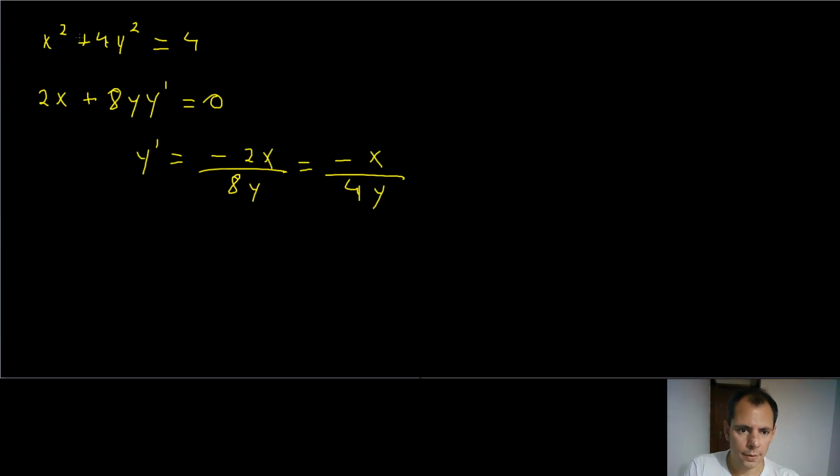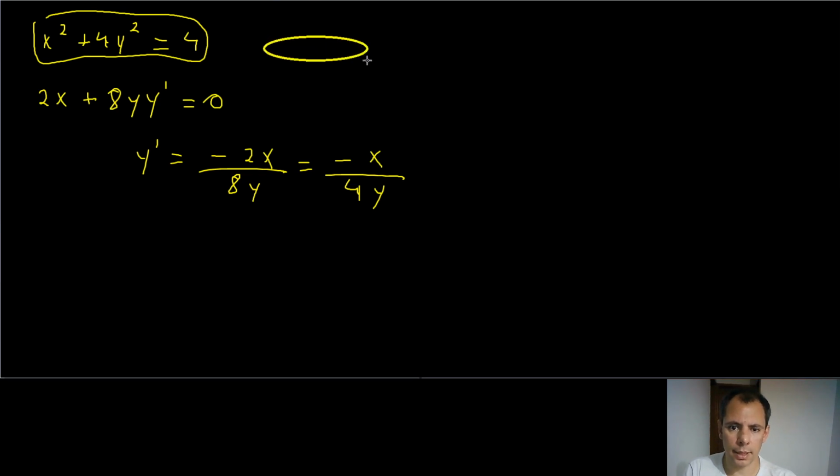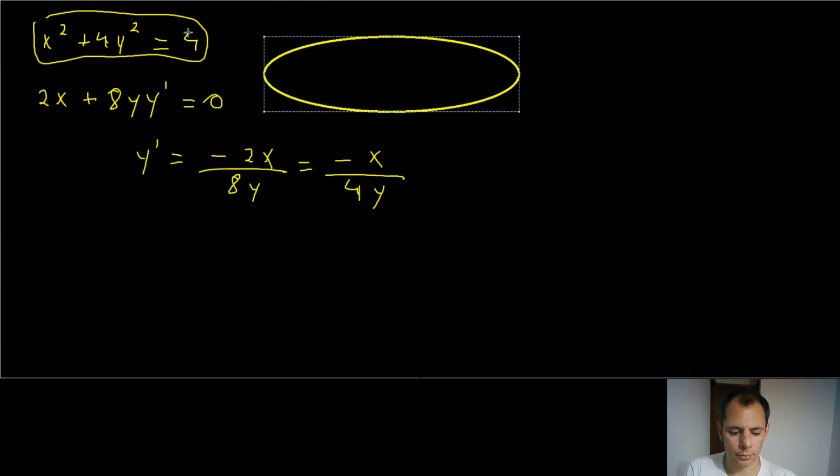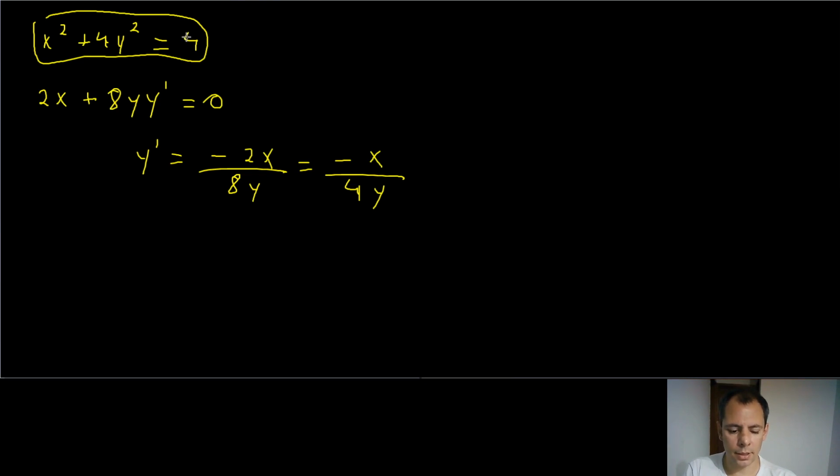Okay? And you see, this right here is the equation of an ellipse, all right? An ellipse like this. Let me draw kind of like that. It's an ellipse kind of like this, and the exercise is asking for the slope at the point square root of 2 and minus 1 divided by the square root of 2.